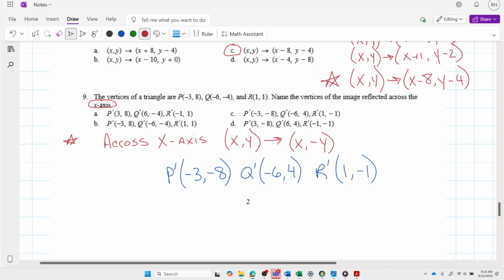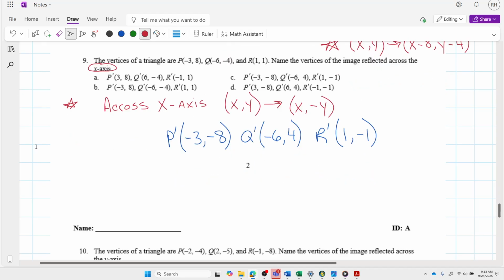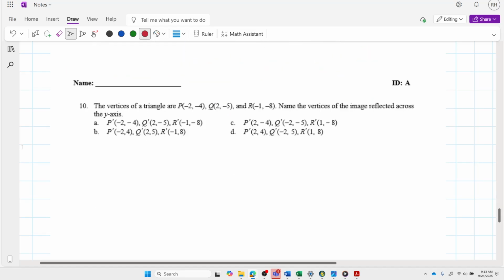All right, number 10. Number 10, the vertices of a triangle are P, Q, and R. Name the vertices of the image reflected across the y-axis.